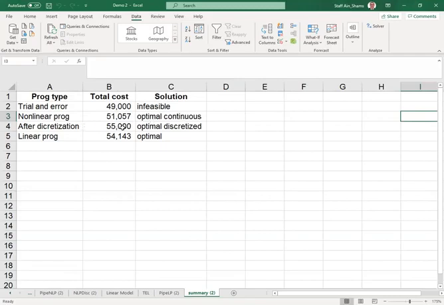After discretization, we arrive at a feasible discrete solution, but the cost, of course, increased. When we use the linear model, we obtained a global optimal solution, and the cost is even less than the optimal discrete solution and has a value of 54,143 monetary units.